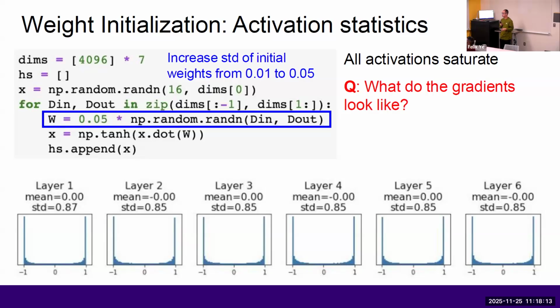It is concentrated at either -1 or 1, with a very strong transition between the two. The variance is pretty large in this case, about 0.85. The only difference is I changed from 0.01 to 0.05. You can test it out. This is the code you can plug in to see the statistics.